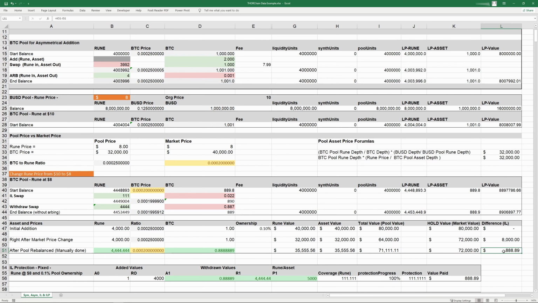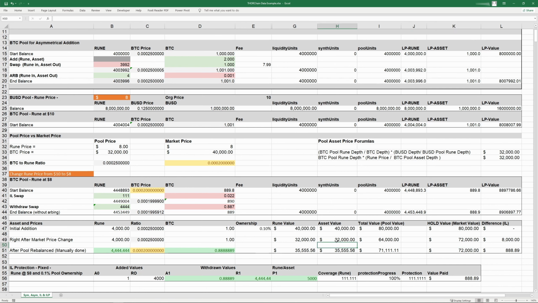So there's going to be a net difference. You can't look at this one because this is directly after incident IL in an unrealistic scenario, but after the ARBs come along, the difference is about $888 when you do a liquidity provider versus holding. So you're going to be out a little bit here.